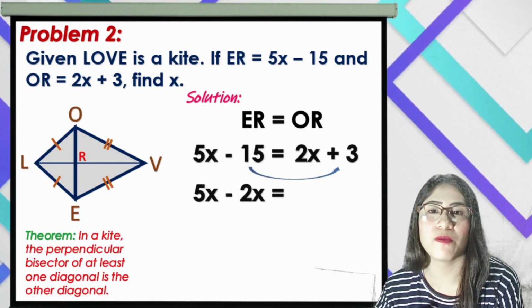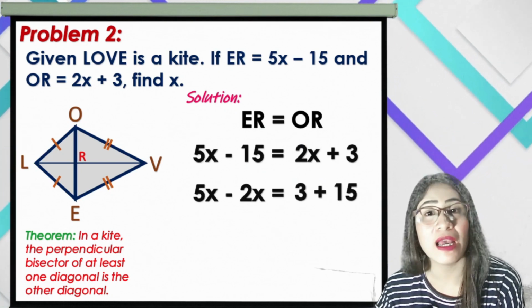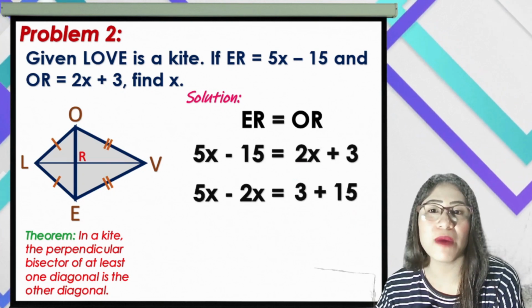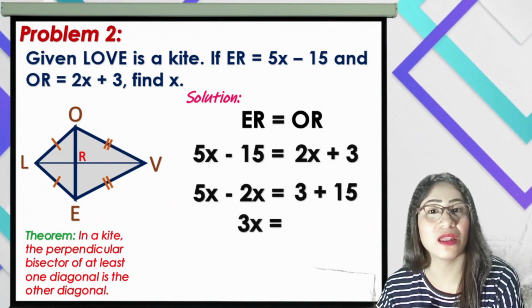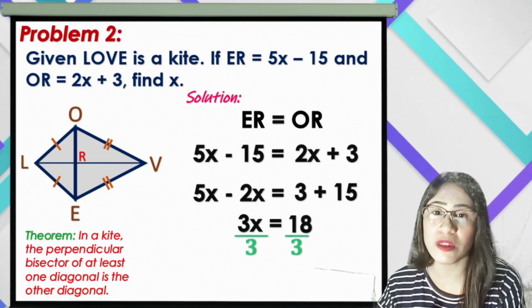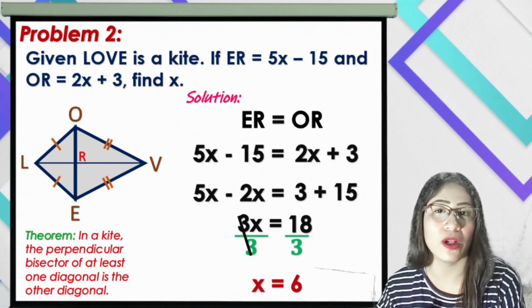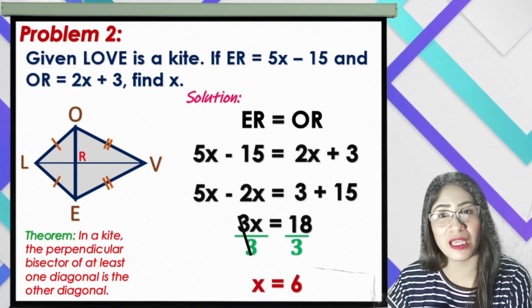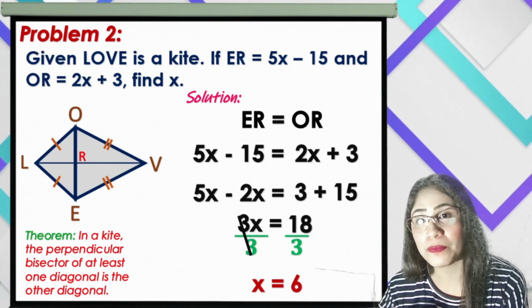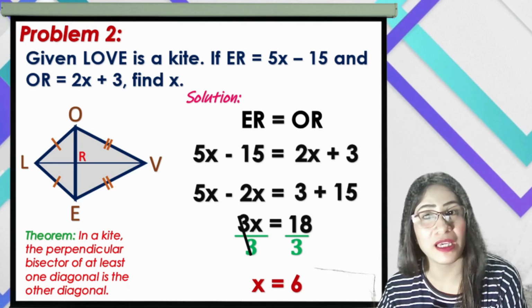Transpose negative 15, so we have 3 plus 15. 5x minus 2x is 3x, and 3 plus 15 is 18. Divide both sides by 3, so x is equal to 6. Why 6? 18 divided by 3 is 6. So the value of x is 6.